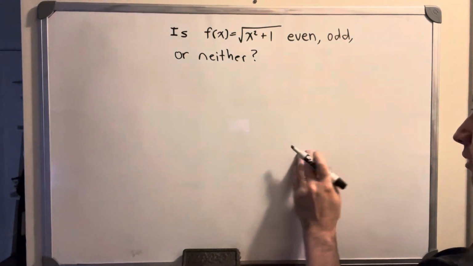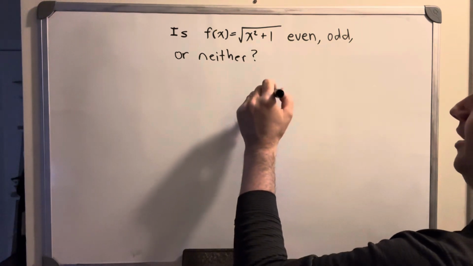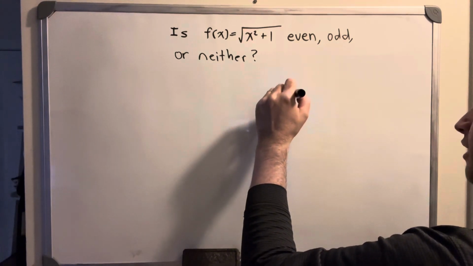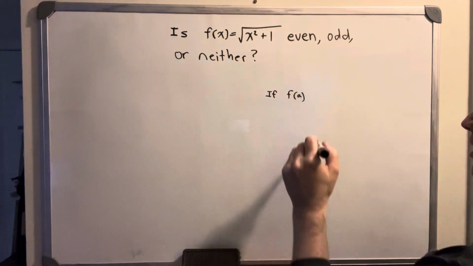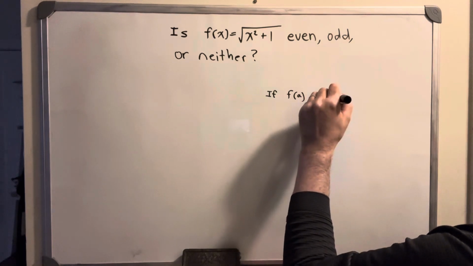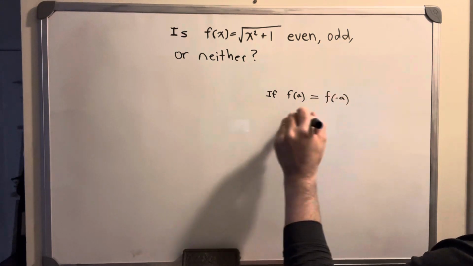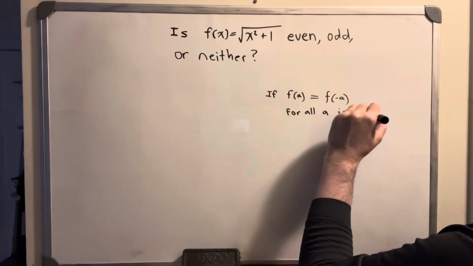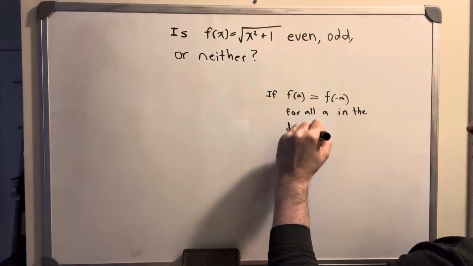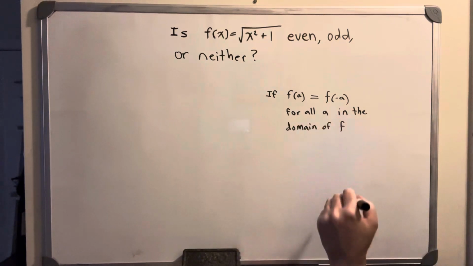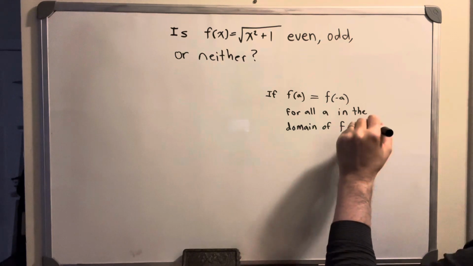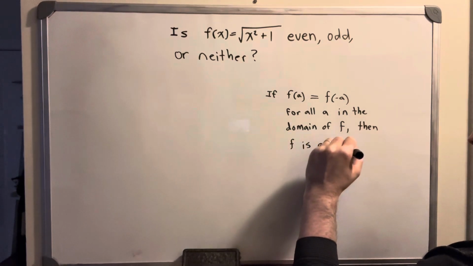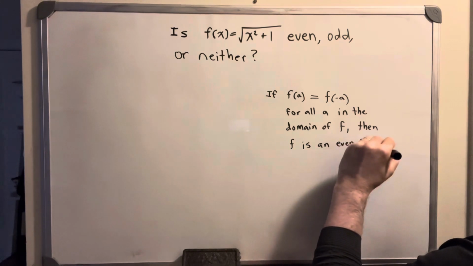Okay, here's how I would say it, and not only me, this is where I got it from a book. You can say if f of a is the same as f of minus a for all a in the domain of the function f, then f is an even function.